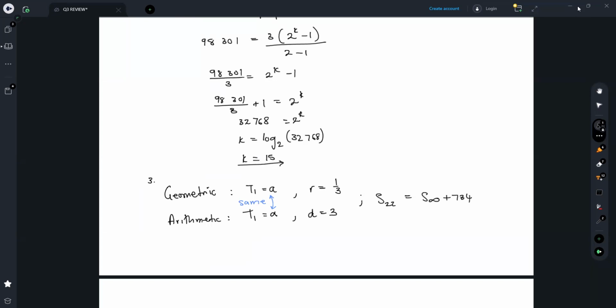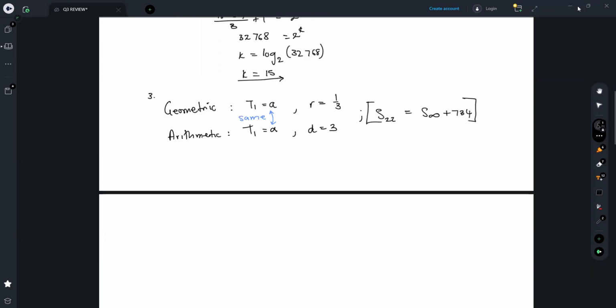Now we have to develop the equation, because everything is going to be answered by this equation, and these are the other details we have to consider. For an arithmetic series, we have n over 2 multiplied by 2a plus n minus 1 multiplied by the difference, close bracket. And here we have a over 1 minus r, plus 734.